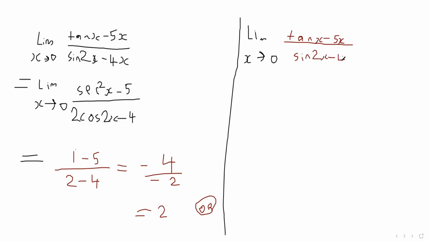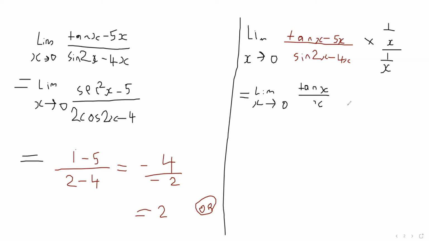To do this limit, we first multiply the numerator and the denominator by 1 over x. By doing that, we get the limit as x approaches 0 of, and this part becomes tan x over x.